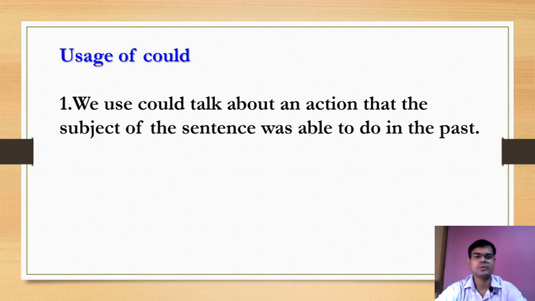I could swim. I could drive a car. It is going to be used like that, but it should be related to the past. What you were able to do in the past will be written or said with the help of could.